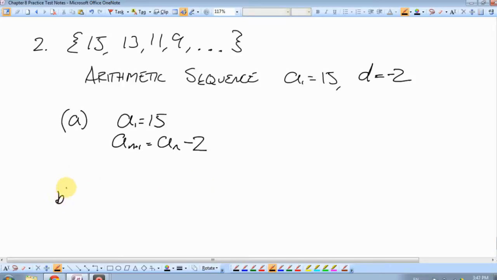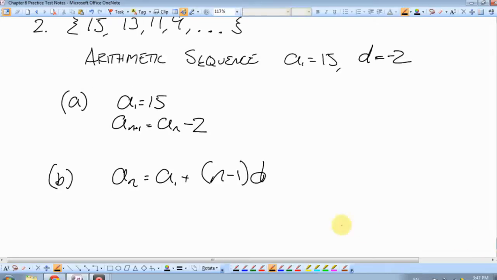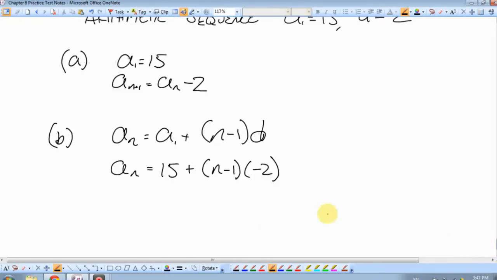B. A. That's going to be A1 plus (n minus 1)d. Substitute that in. A(n) equals 15 plus (n minus 1) times -2.